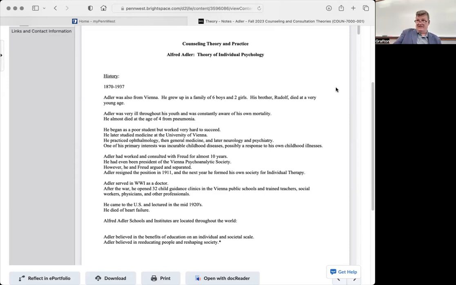It also says in the discussion board that you need to respond to your readings, which is the Corey book, any supplemental things I might have added, like skills and techniques pages, and you have to respond to my lecture, and eventually we'll be adding some supplemental videos as well.